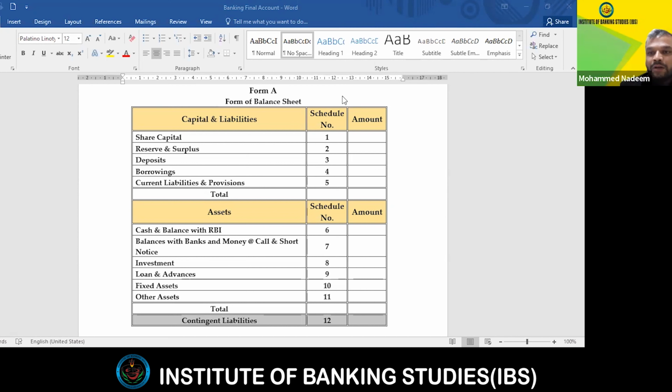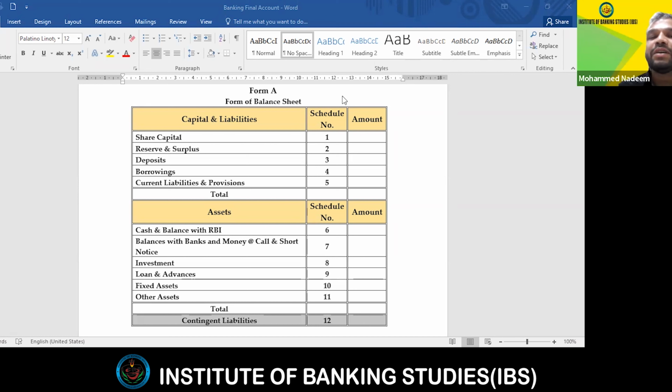Deposit, sir. What kind of deposits do you accept in a bank? Term deposits only will come. SB, FD, RD, those deposits only will be there. How will questions be asked regarding reserve and surplus?